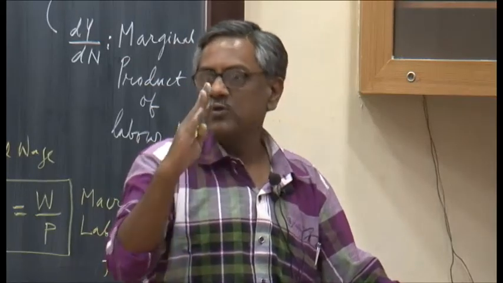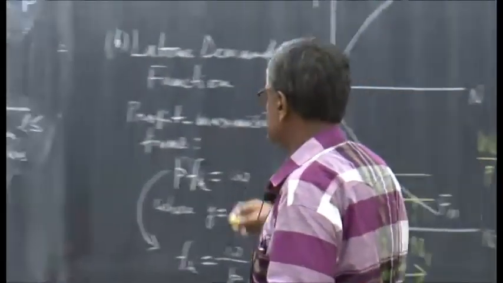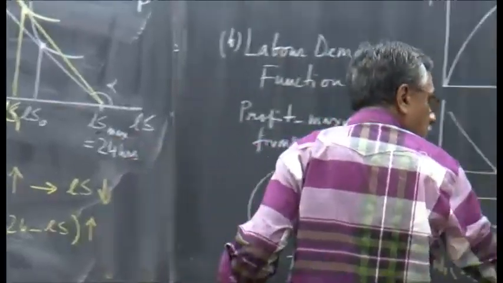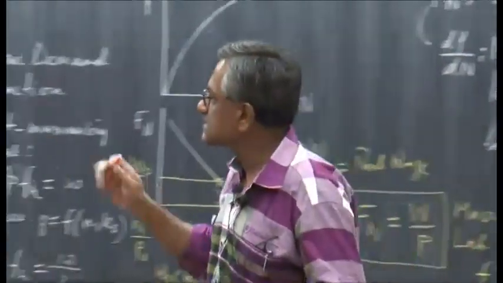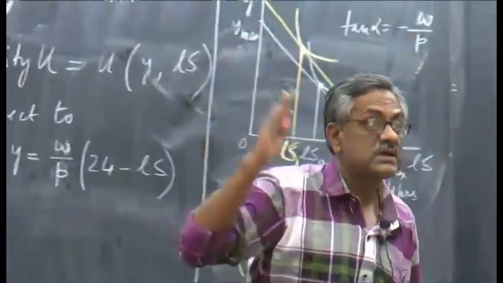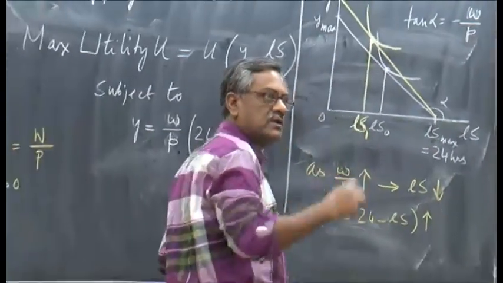Where higher W over P will give you tangency points, what will happen is this. When the utility function shifts, higher W over P means this budget line is becoming steeper and steeper. Do you agree with that? Okay.